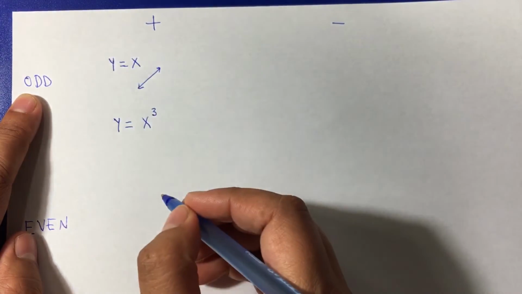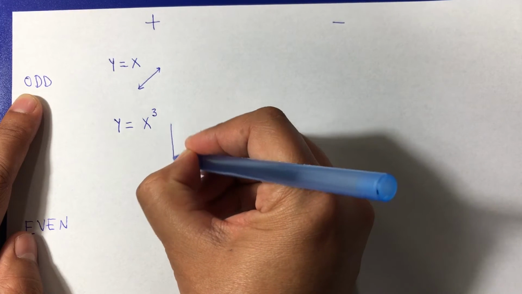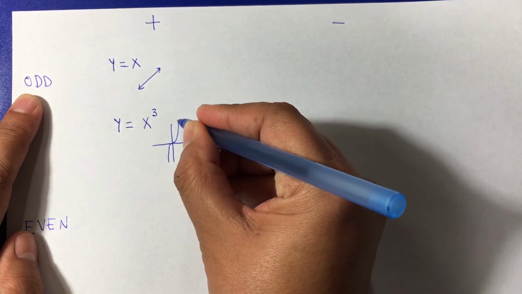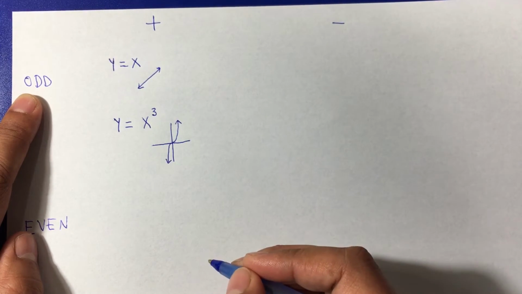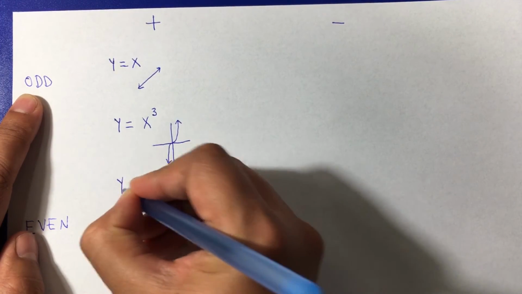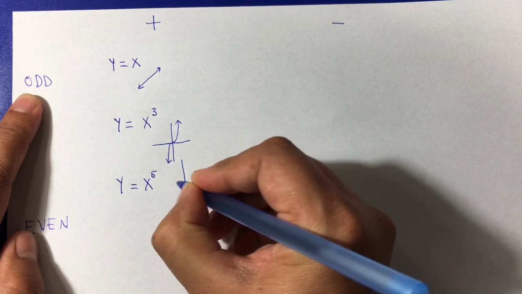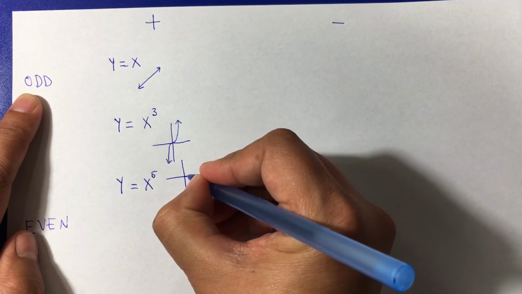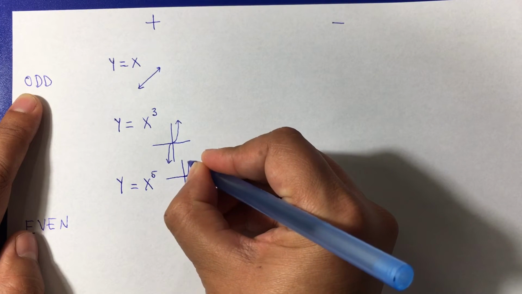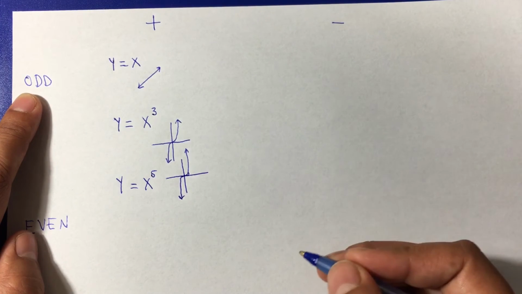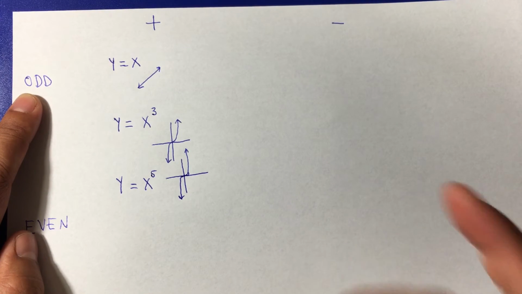Cubed is odd. The graph was something like this. And we also had y equals x to the 5th power, which was also similar to that, but flatter in here, and then it grows super fast. Okay? So have that in mind.